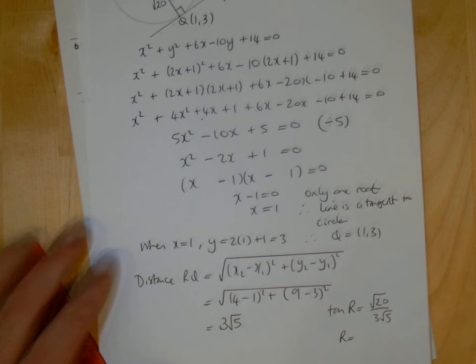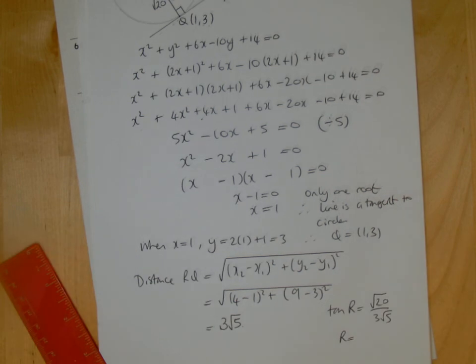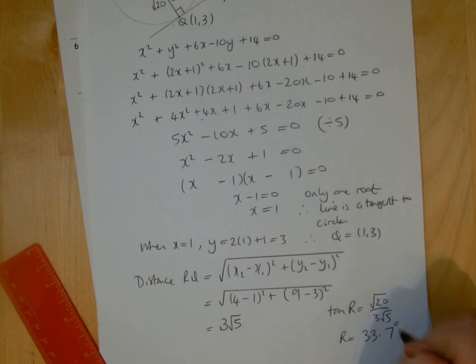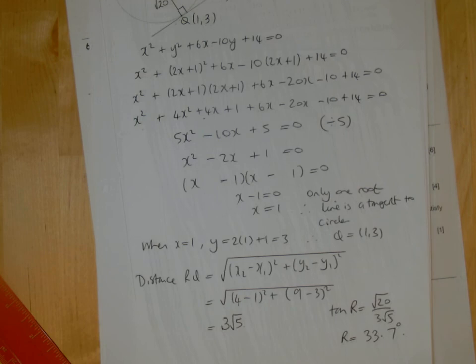So R will equal tan to the minus 1 of root 20 over 3 root 5. And I get 33.7 degrees. Do they want it to 1 decimal place? Doesn't specify, so 1 decimal place is absolutely fine.